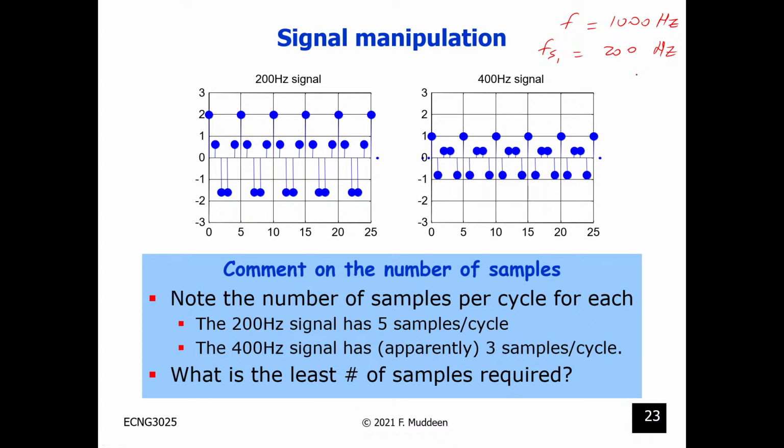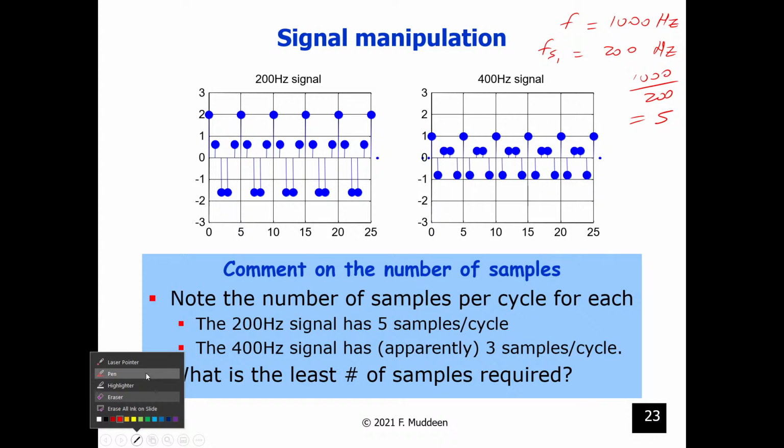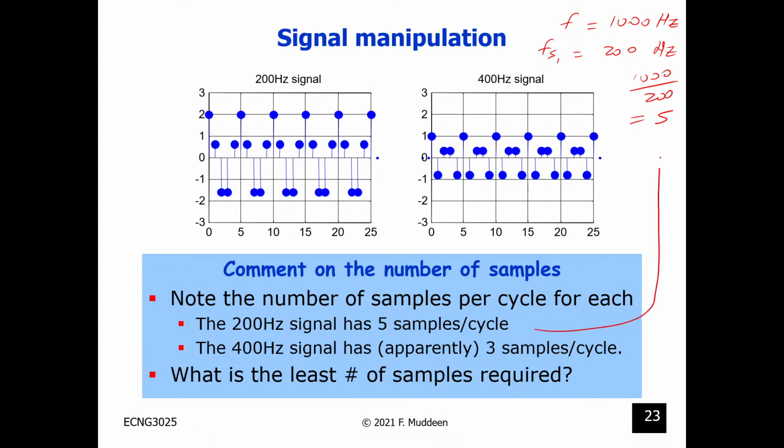So if we take that 1000 and divide by 200, we get 5 here, representing the amount of samples. Right, this represents the amount of samples that we can actually take for one instance of periodic time from the continuous time signal.